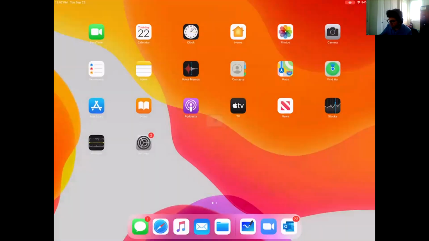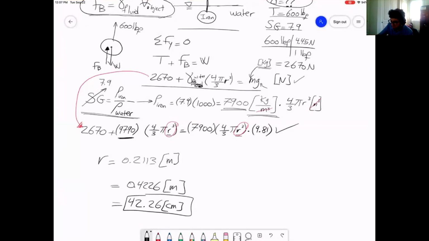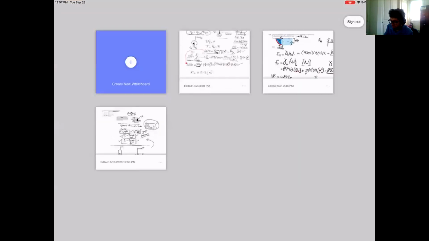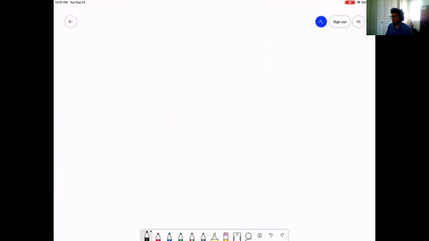Open this one, and then so we have, let me see the book. So we have water. So this is problem 2-122. And you have water and mercury and a steel block.